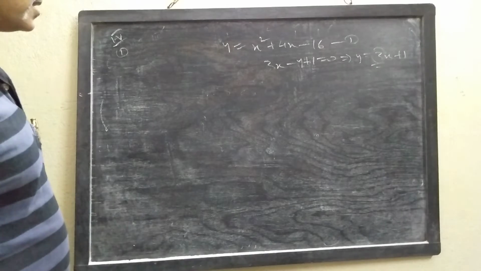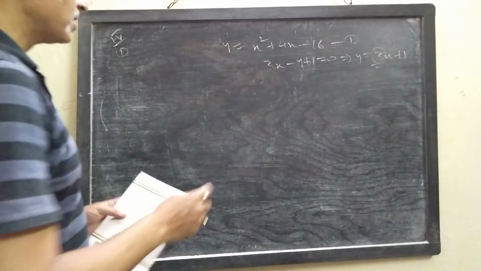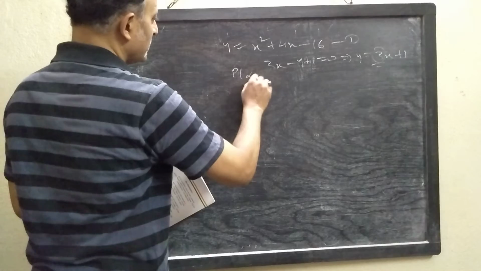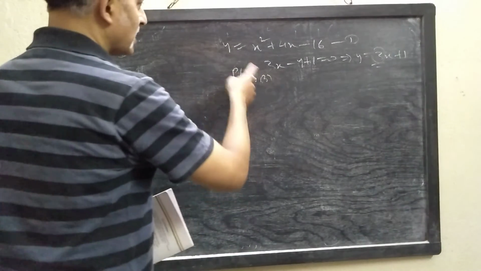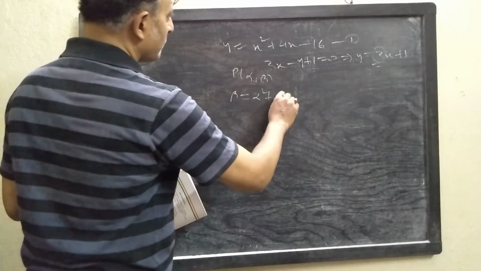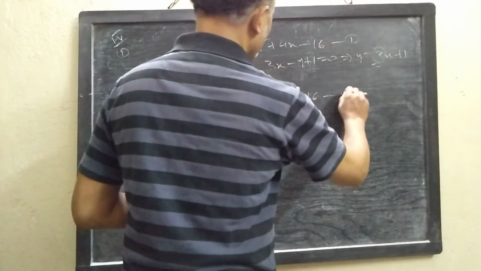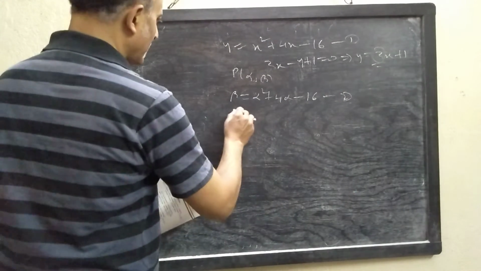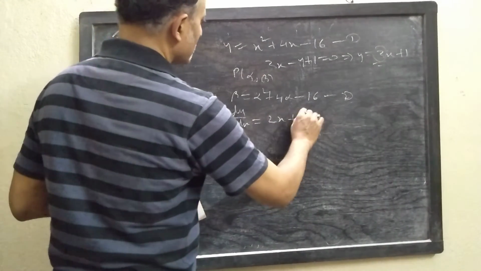This is 1. Let us consider the point of contact of the tangent to the curve P(alpha, beta), like previous problems. Now, as (alpha, beta) lies on the given curve, you have beta equals alpha square plus 4 alpha minus 16. This is number 2. Differentiating, we get dy/dx equals 2x plus 4.